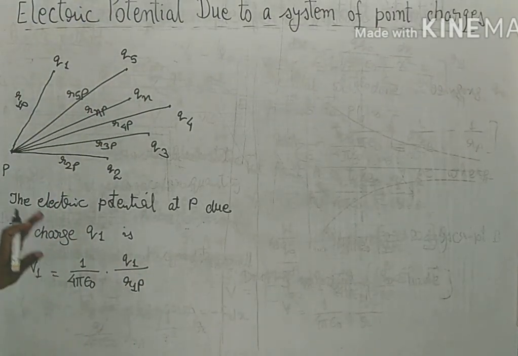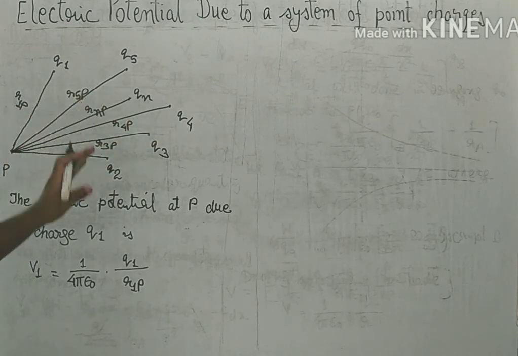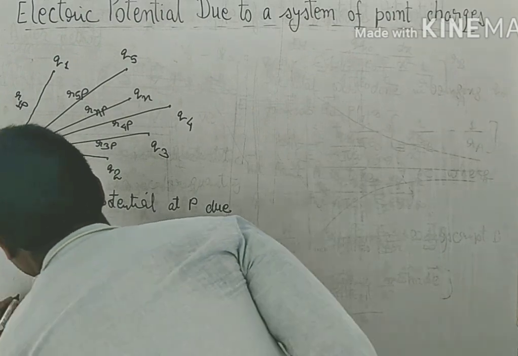Similarly, we can write potential due to Q2 at P, potential due to Q3 at P, and likewise.